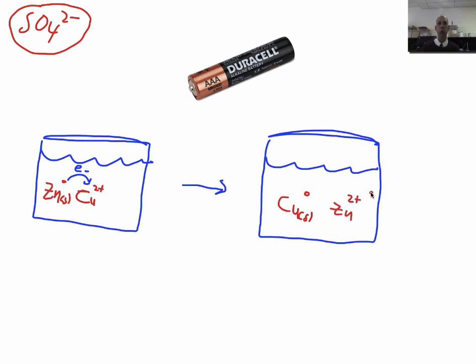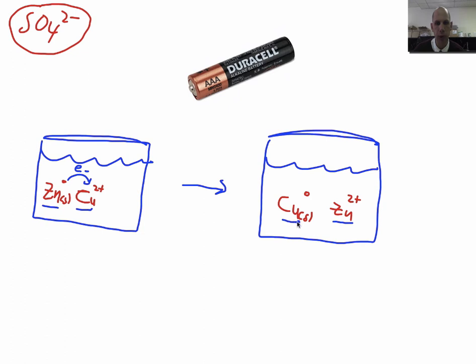Okay, so that's what we were left with after that process. So the trick is, how do we turn this into a battery diagram and calculate the voltage? We're going to learn half of it in this video right now. So let's break these two processes down into what is happening to Zn and what is happening to Cu.